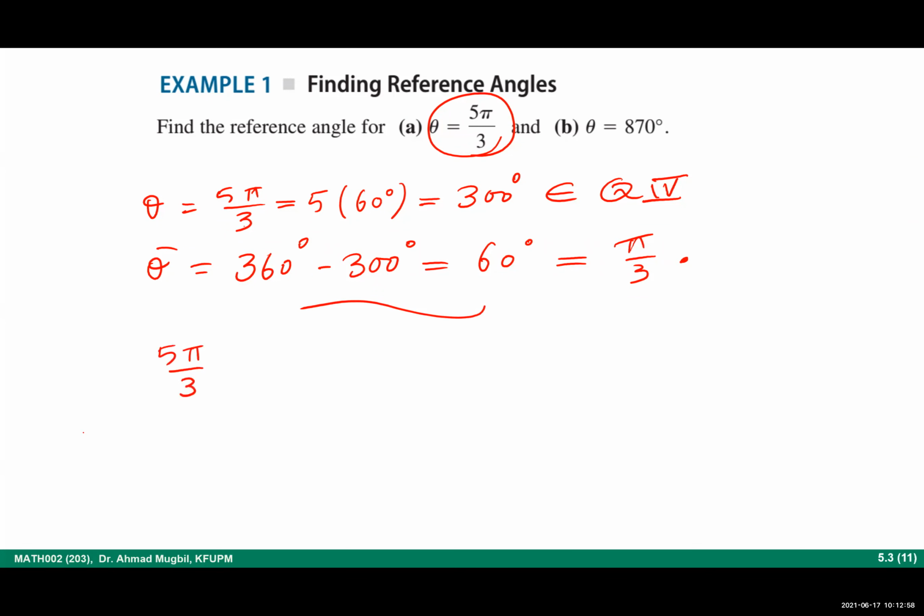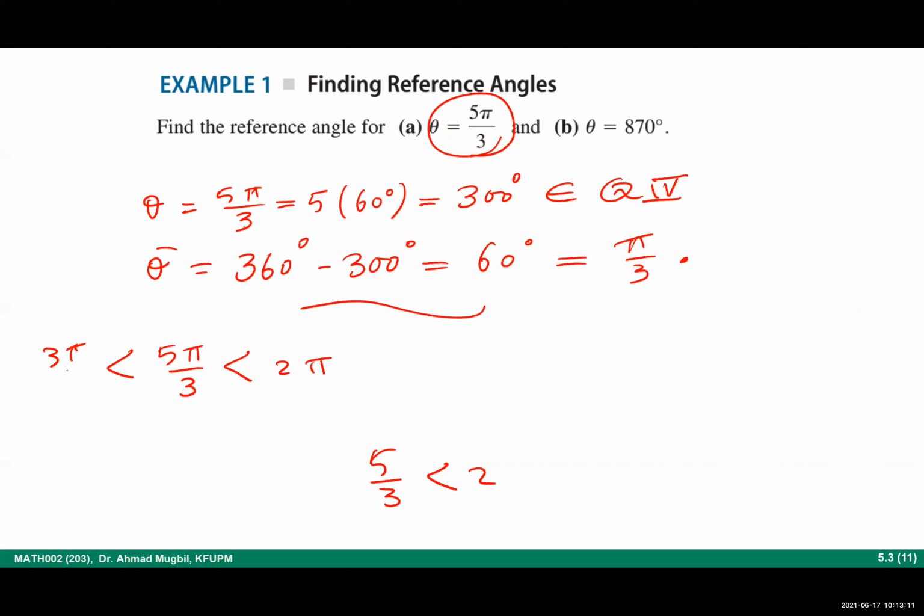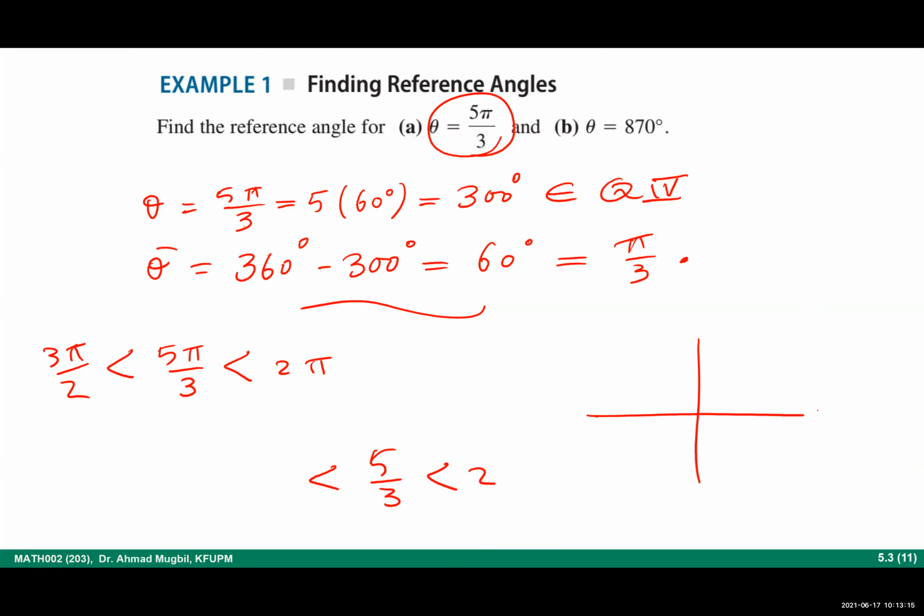5 pi over 3, you know that this one is less than 2 pi. Why is that correct, ya shabab? Because 5 over 3 is less than 2. Also, this one is greater than 3 pi over 2. Why? Because this is 0, this is pi over 2, this is pi, this is 3 pi over 2, this is 2 pi again. So I expect that this one is clearly bigger than pi, so it might be in the third or in the fourth.